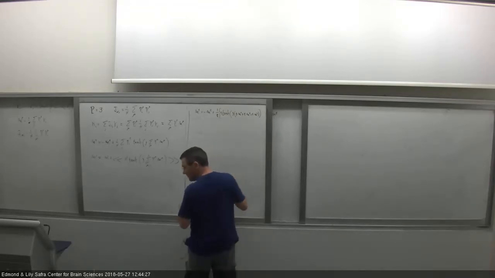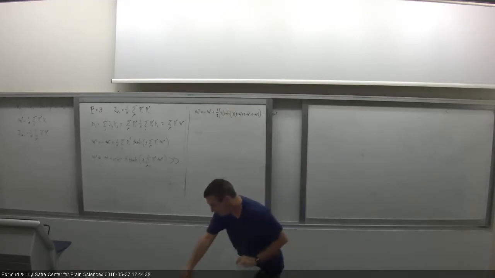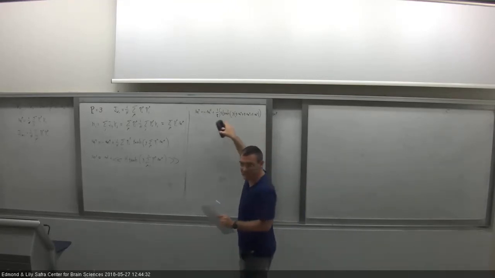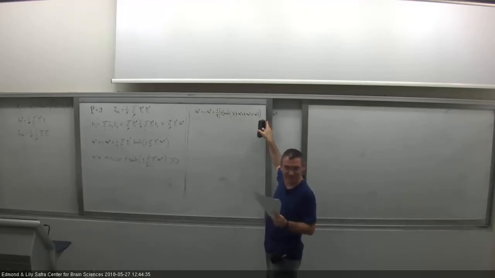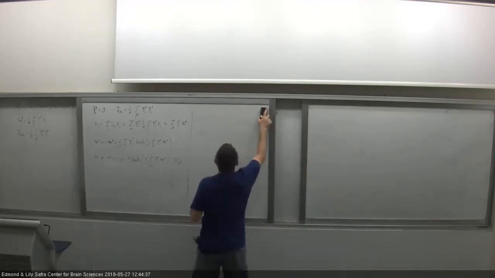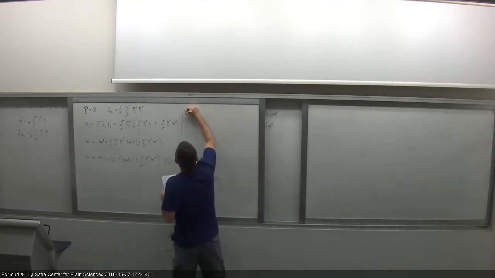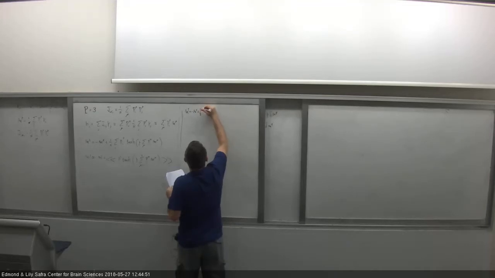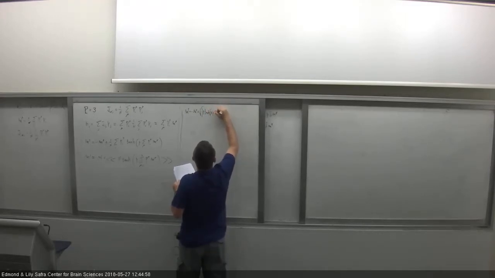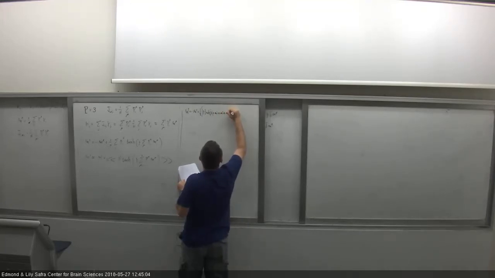I need more space, so I'm just going to delete this line and rewrite it. So no need to copy, okay? So M1 dot is equal to minus M1 plus 1 over 8, 1 times hyperbolic tangent of beta times 1 times M1 plus 1 times M2 plus 1 times M3.